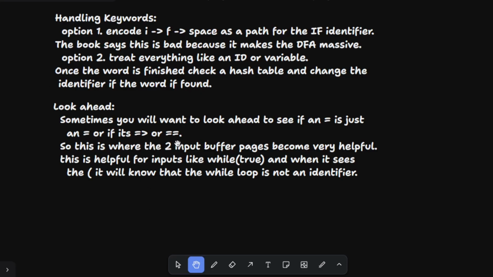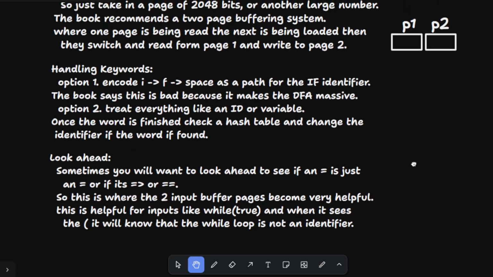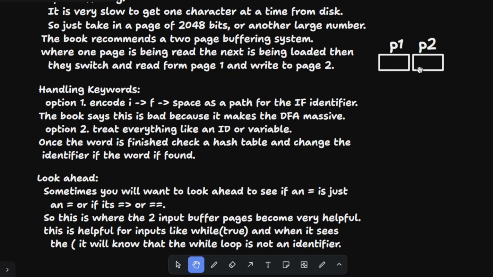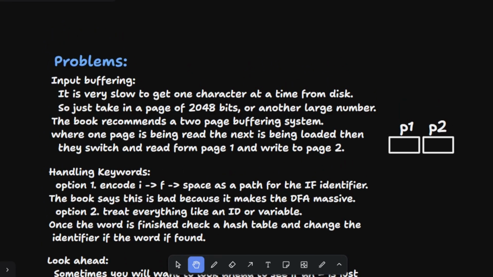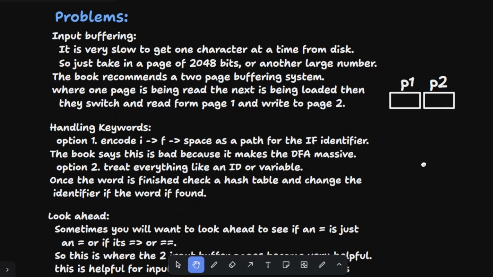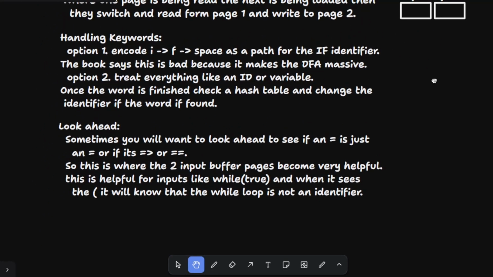This is useful when there are two input buffer pages. You can only do it with the two input buffer pages. If you're reading in one character at a time, it makes it impossible to read one character ahead. But when you're buffering in like 2000 bits, it's very easy to read a couple of characters ahead if you want to.